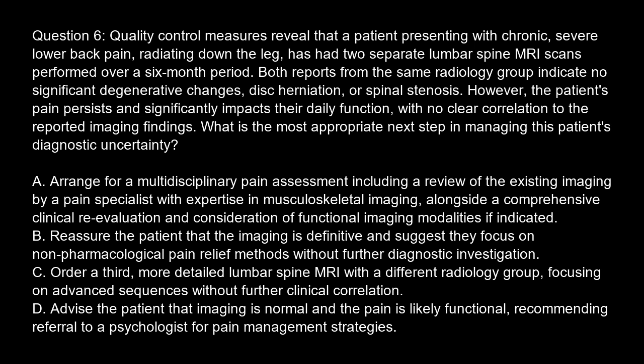Option C. Order a third, more detailed lumbar spine MRI with a different radiology group, focusing on advanced sequences without further clinical correlation. Option D. Advise the patient that imaging is normal and the pain is likely functional, recommending referral to a psychologist for pain management strategies.